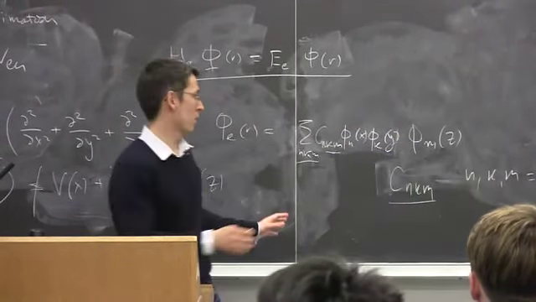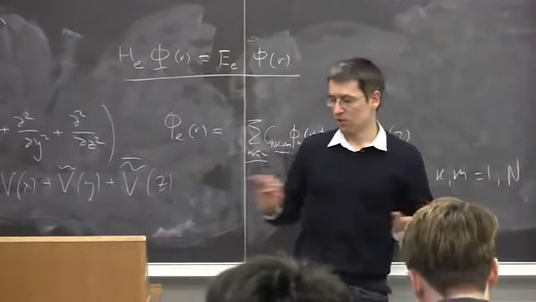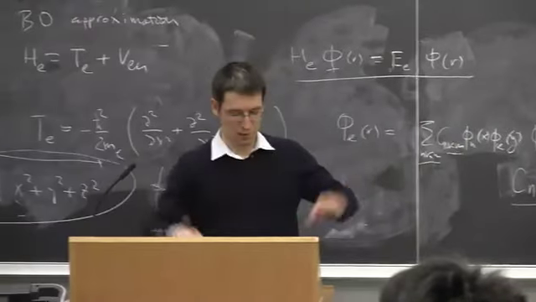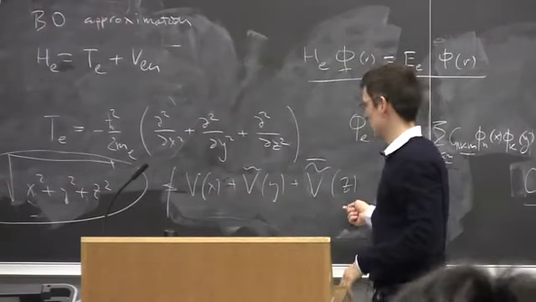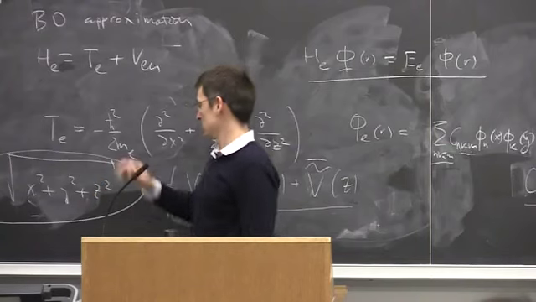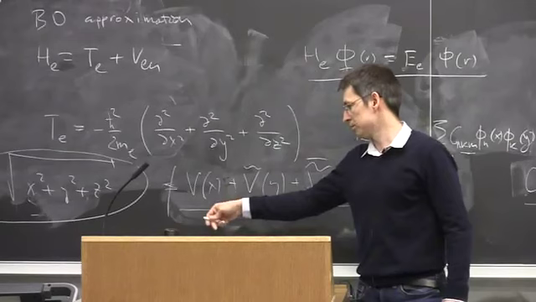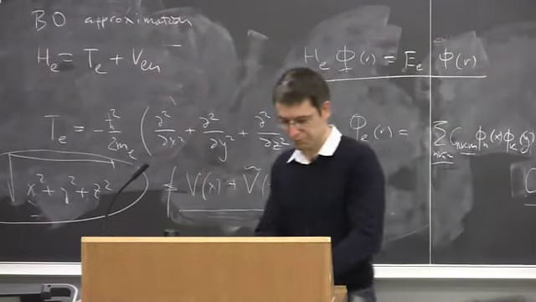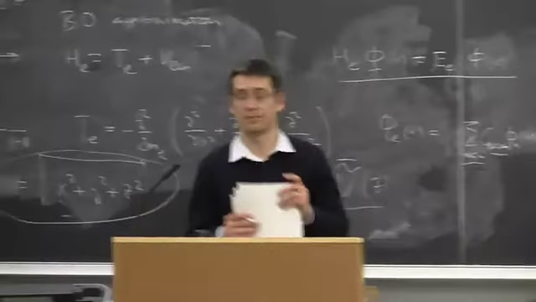That would be like a particle in a box with x, y, z, three different dimensions. Maybe the potential of the bottom of the box would be different in three dimensions. But here the problem is that it's not separable. The square root of x squared plus y squared plus z squared cannot be written as a sum of functions where every dimension is separate.